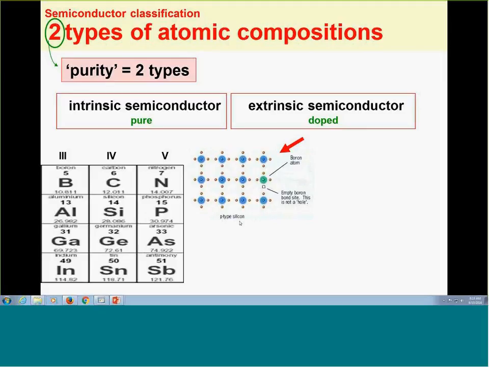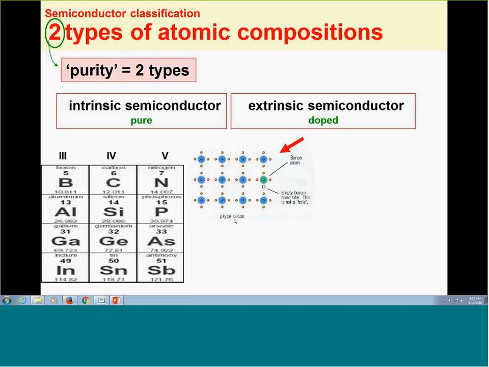Ismail? How are you going to introduce extra electrons into silicon? If you look here, in a p-type, yes, chemical bonding, yes, Ifa, all right.